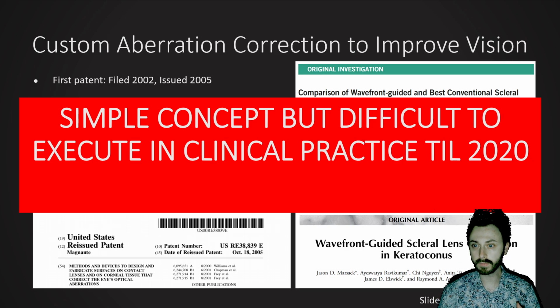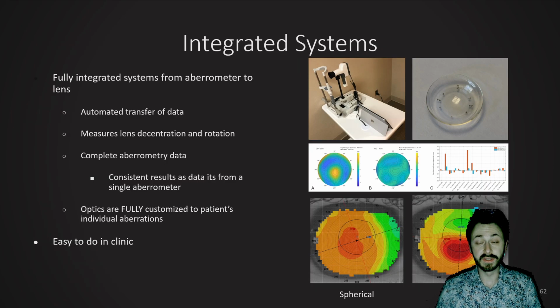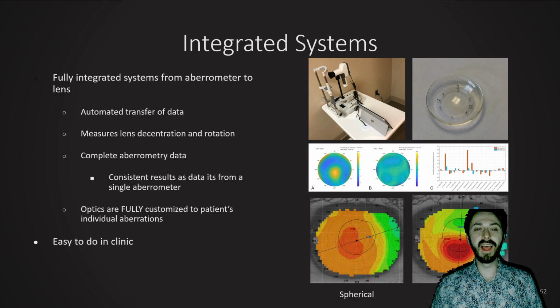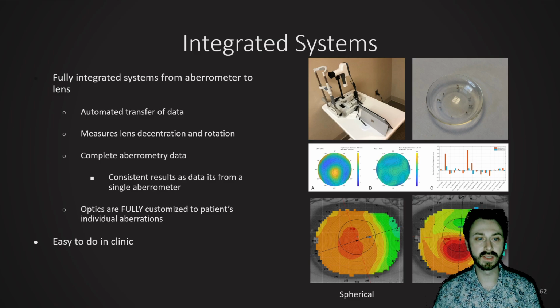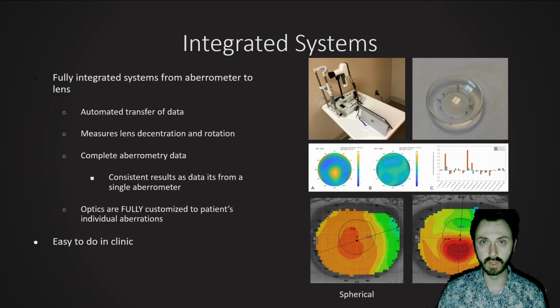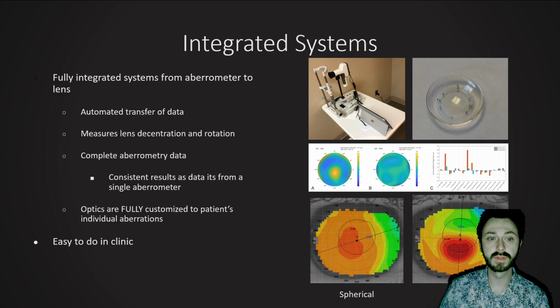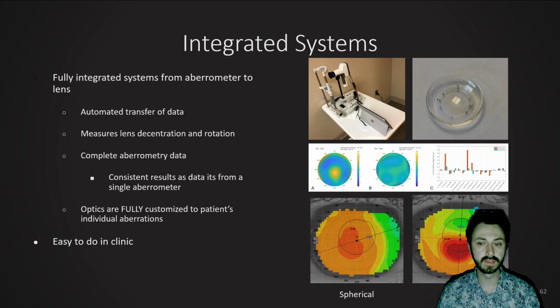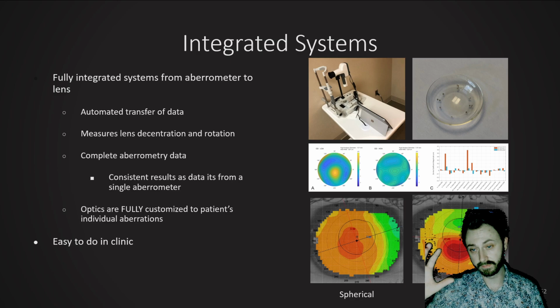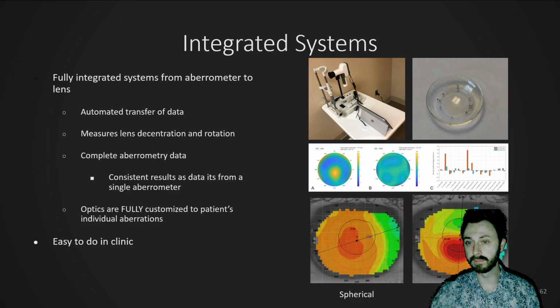So, why is that? It's really because of integrated systems. These fully integrated systems help expedite the process, help simplify the process, and help improve outcomes. The way we do it at SUNY, we don't have an integrated system. So when fitting this lens, I have to fit a lens the best I can, with multiple revisions to get that perfect lens.